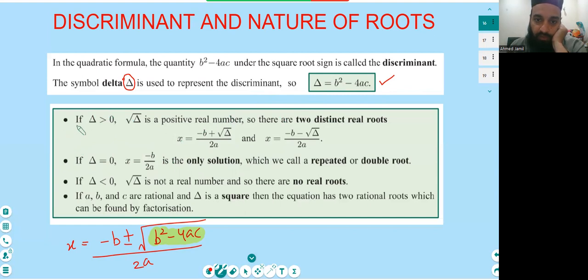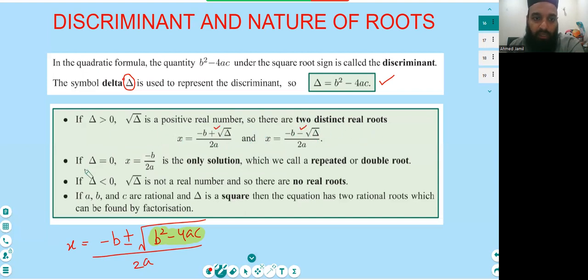So there are three types of roots. If delta is greater than 0, then obviously this will be positive, and the positive square root will give you two distinct values. So in this case, there are two distinct roots of the quadratic equation, one with the positive sign and one with the negative sign.